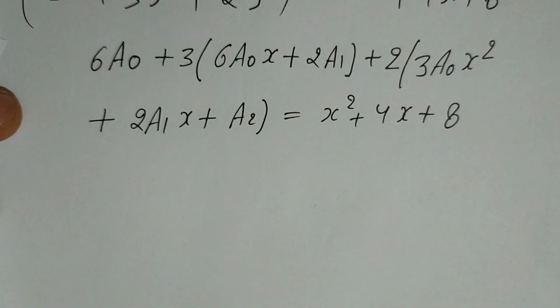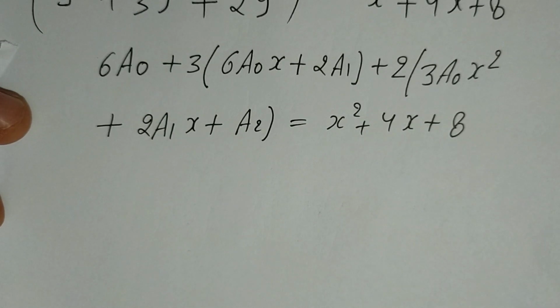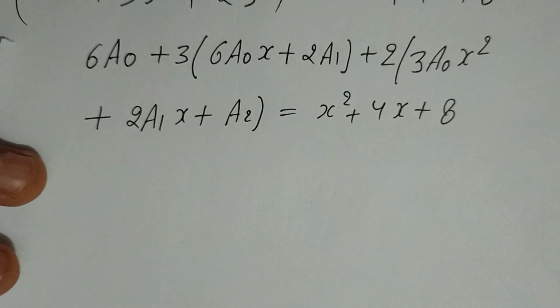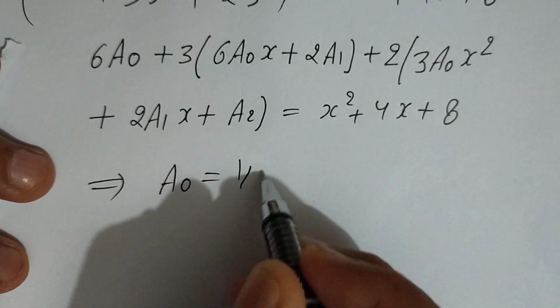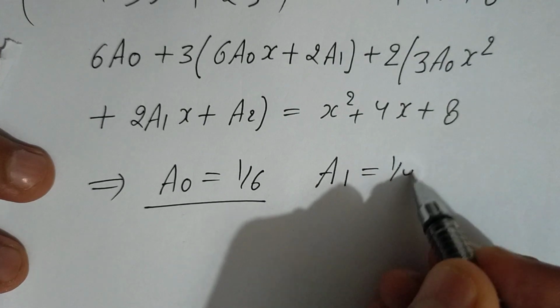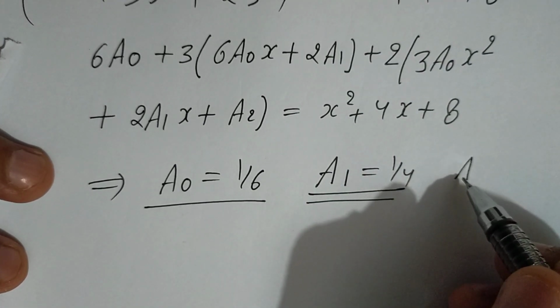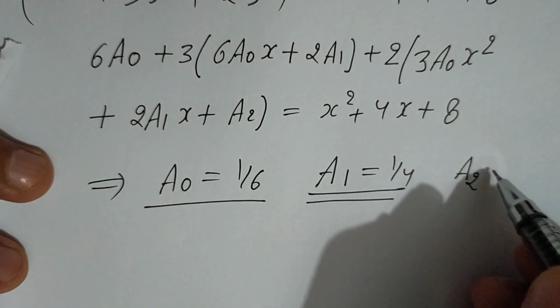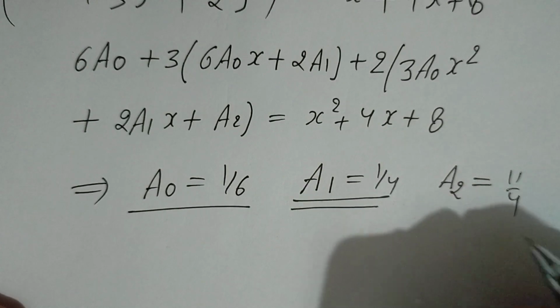Now if you simplify and compare the coefficients of x square, x and the constant term, we get a0 equal to 1 by 6, we get a1 equal to 1 by 4, and the last, a2 equal to 11 by 4.